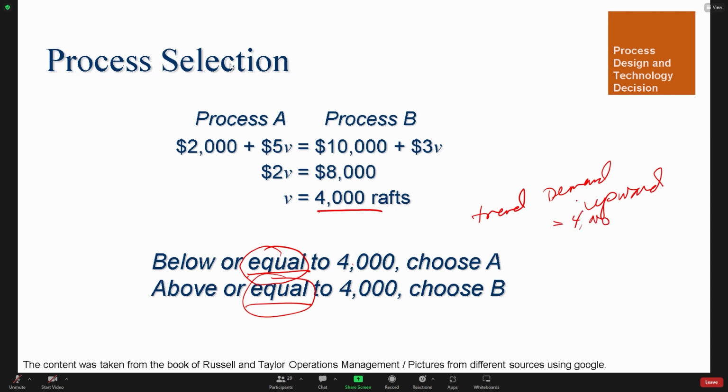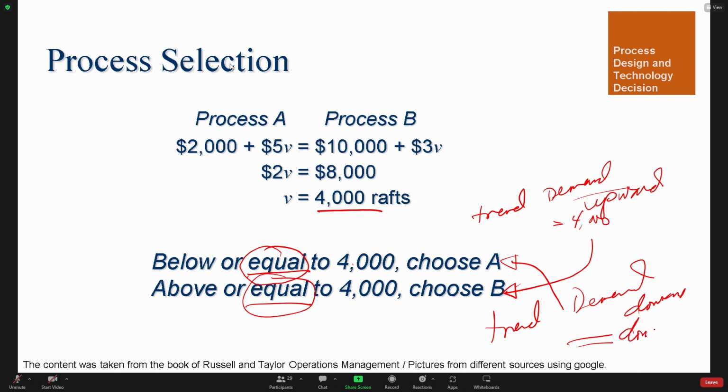Equal to 4,000 at upward yung trend, you choose process B. Pero kung ang trend ng demand is downward, meaning 4,000, then next month 3,000, 3,500, ganyan, then you choose what? Process A. Kasi ang trend niya is downward.